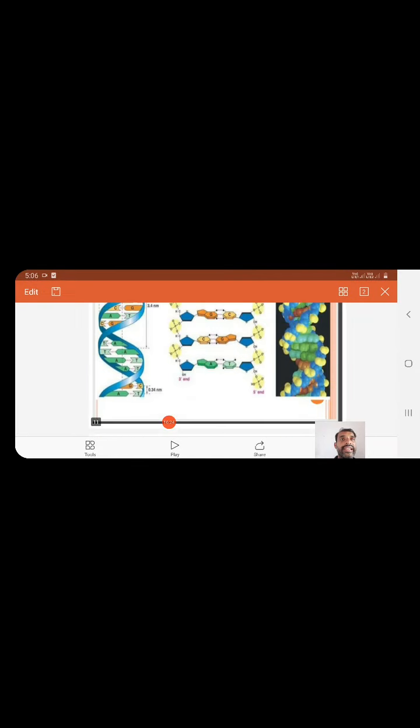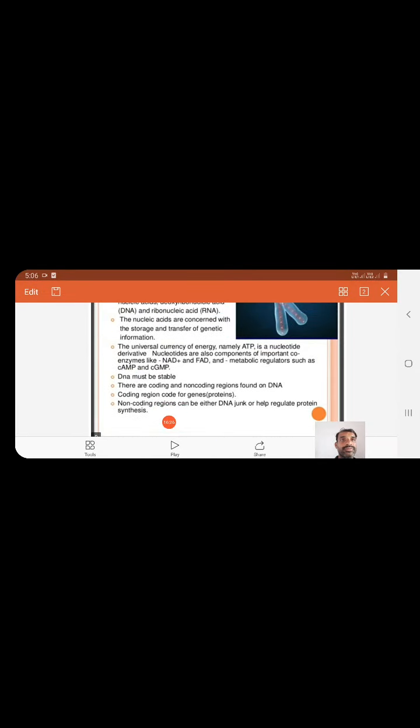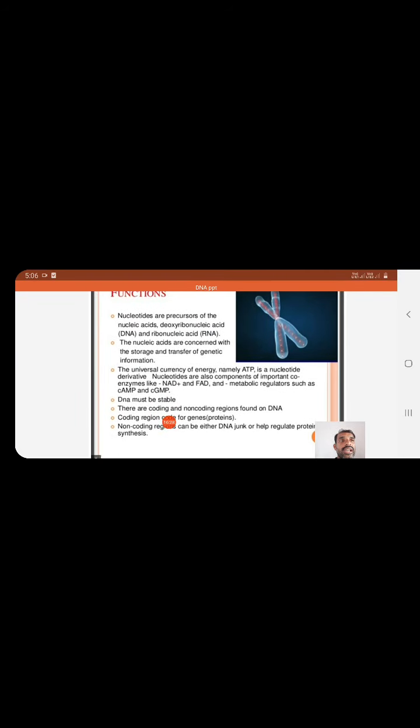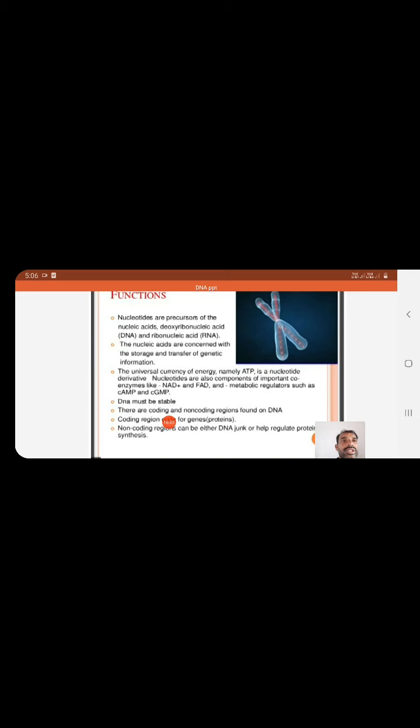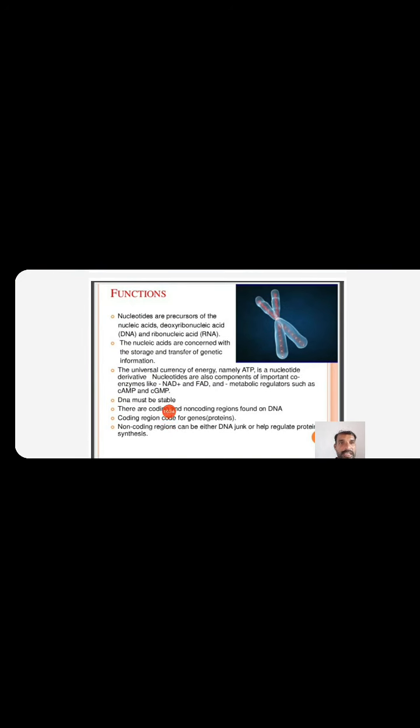Next, I can explain the functions of the DNA. Usually DNA is used as genetic material, especially in the nucleus. The nucleus has the nuclear membrane, and in the cytoplasm there are fibrous structures.